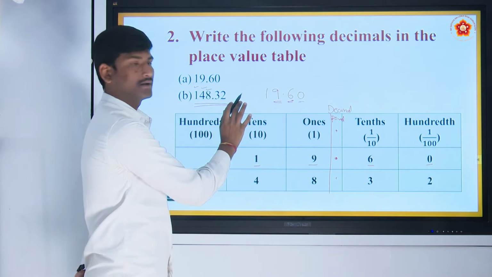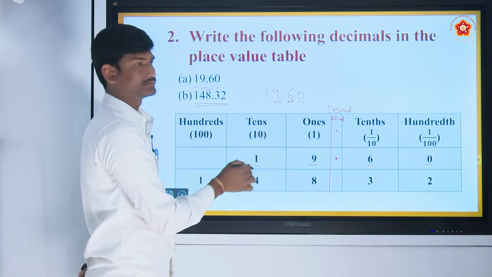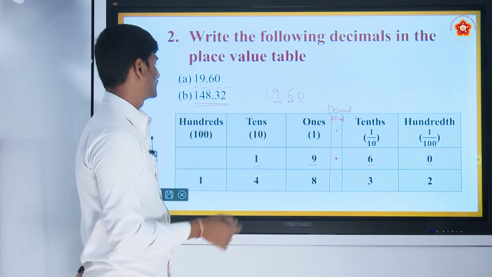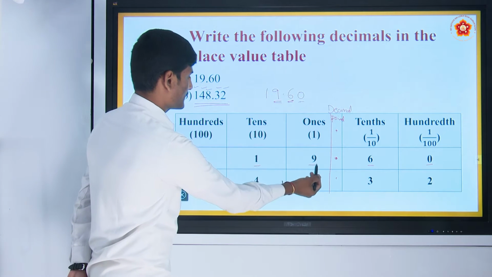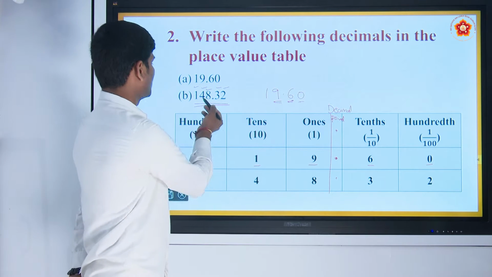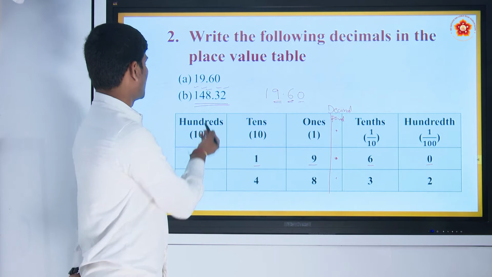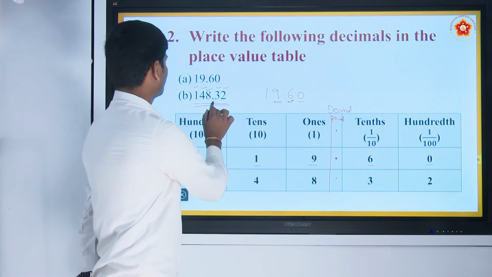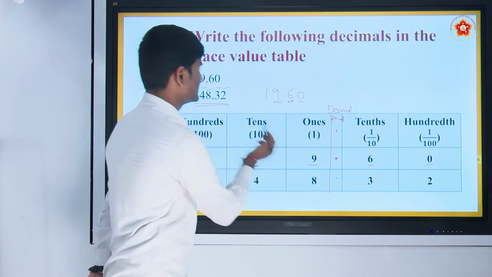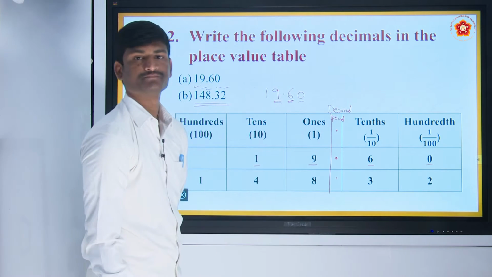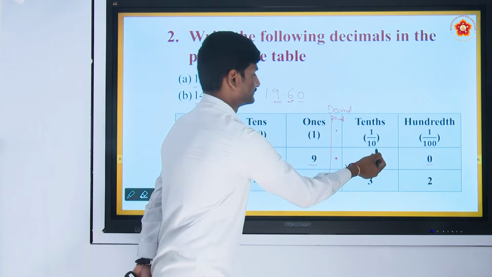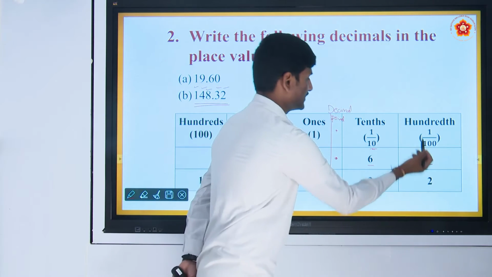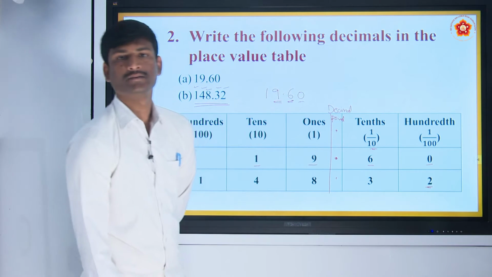After the decimal point, 10th, 100th, 1000th, like that. Here 8 is in the 1's place, 4 in the 10's place and 1 in the 100's place. Then 3 is in the 10th place, that is 1 by 10, and 2 is in the 100th place. We write 2. Understood?